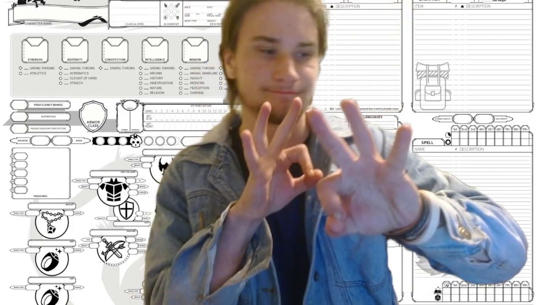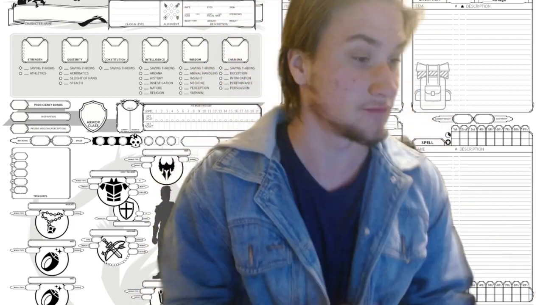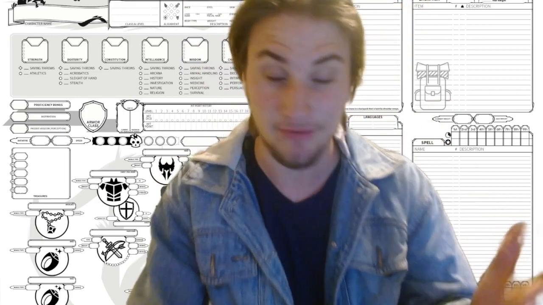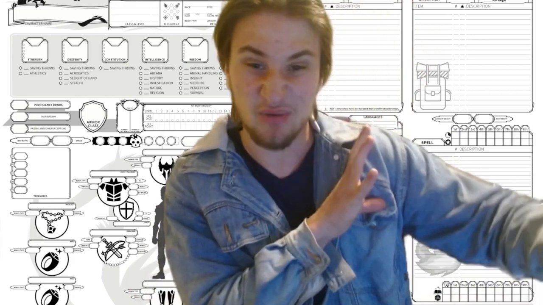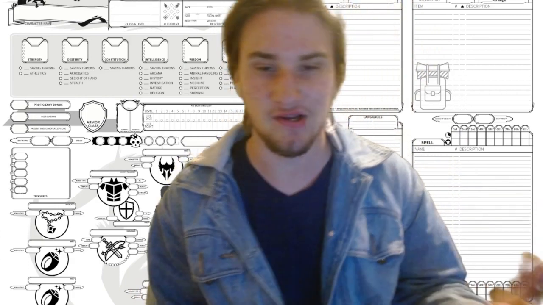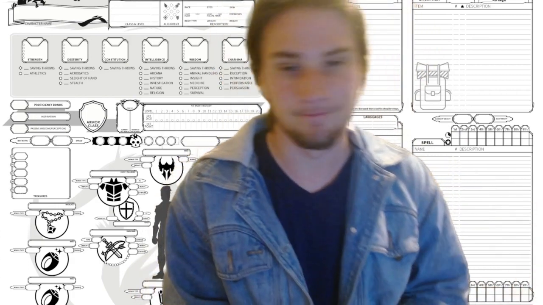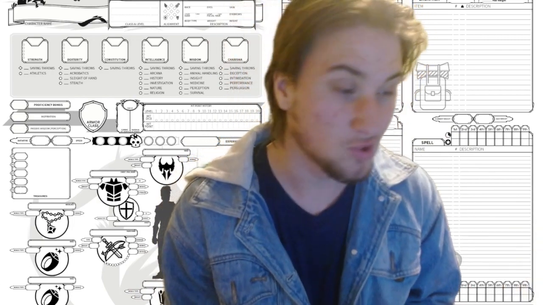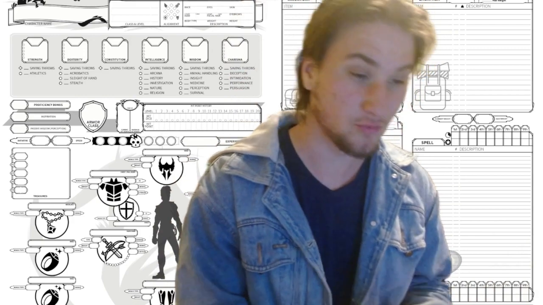Section 3, attributes. The heart of your character sheet lies in its attributes, as I was saying. Whether it's strength, dexterity, intelligence, charisma, or wisdom.